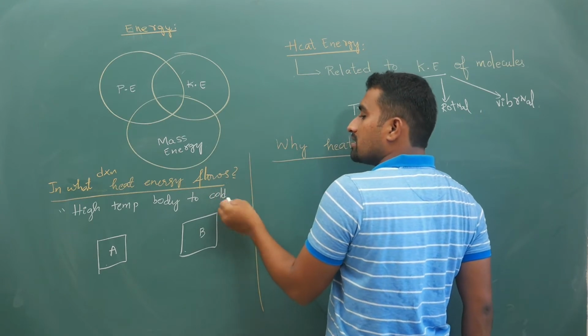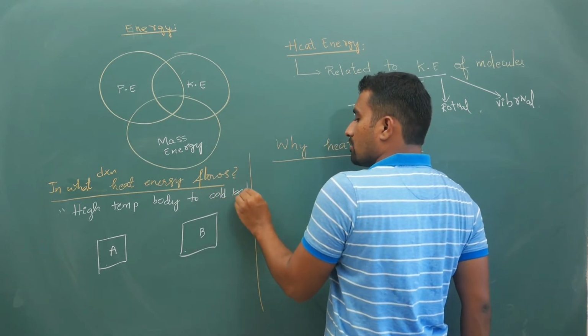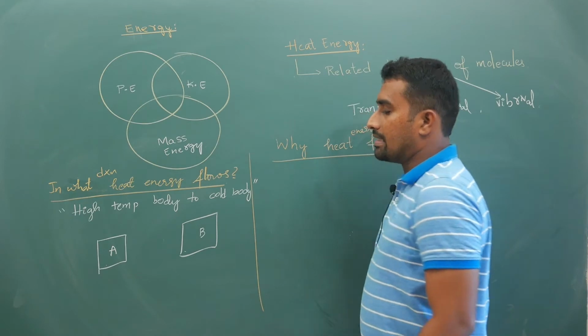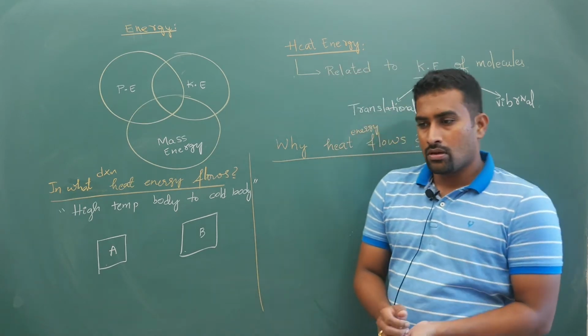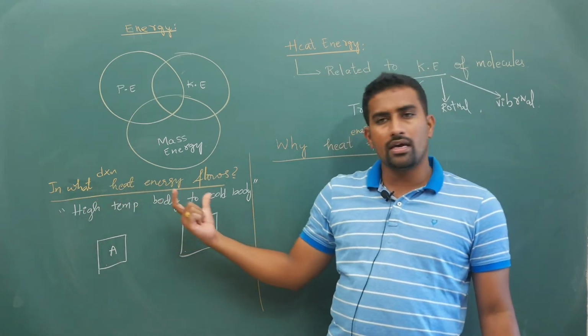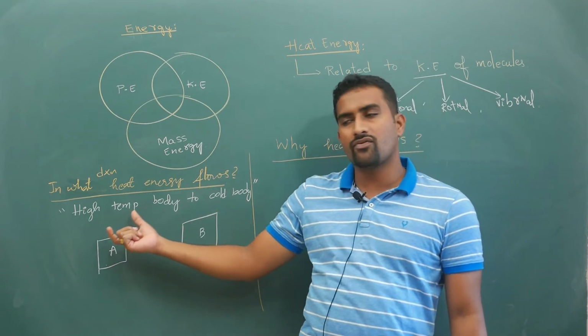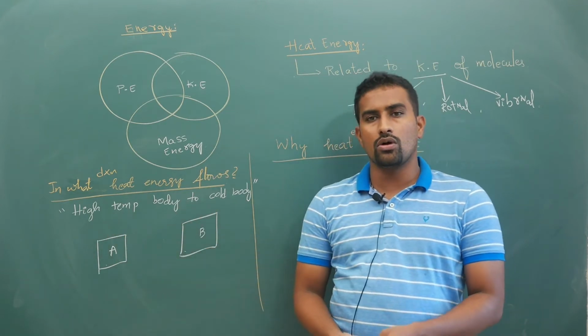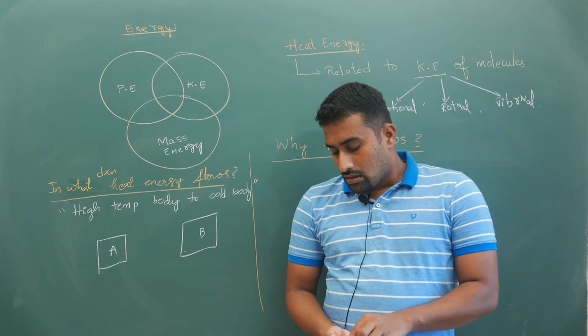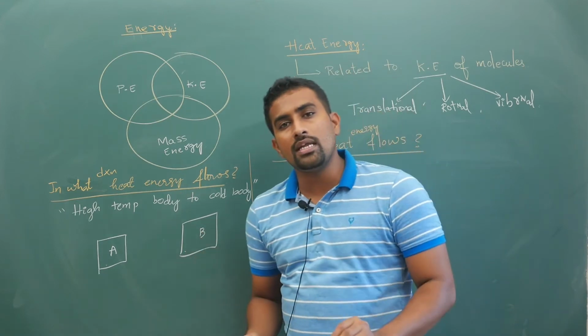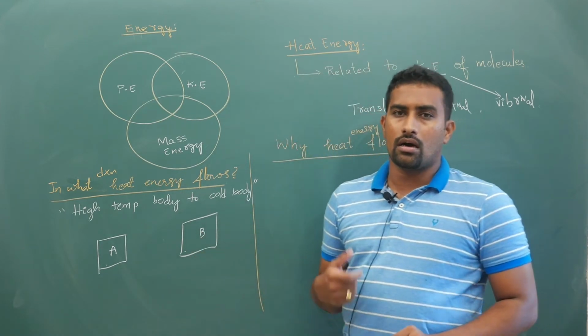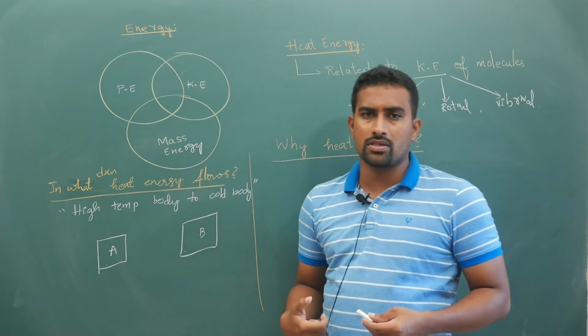Cold body means, indirectly, a low temperature body. Because of lack of space I am writing it like this. In what direction does heat energy flow? It will flow from the hot body to the cold body. I want you to understand my language properly.